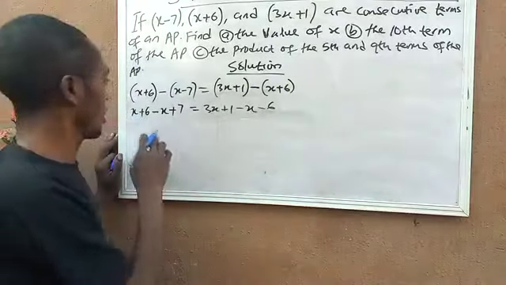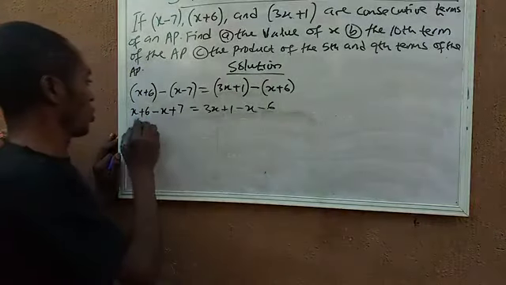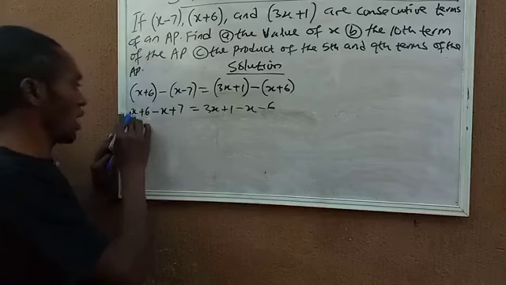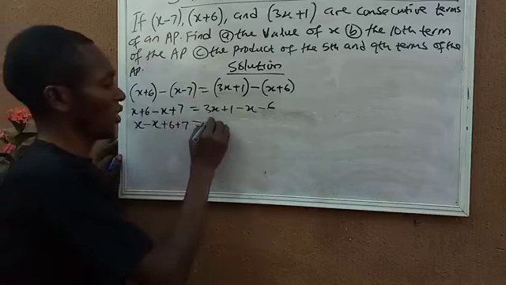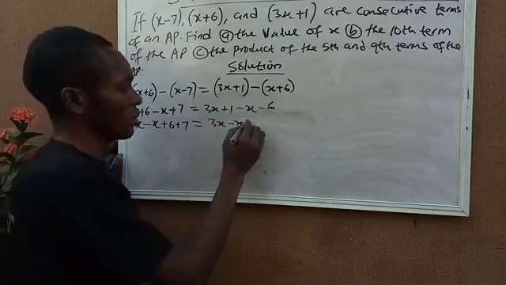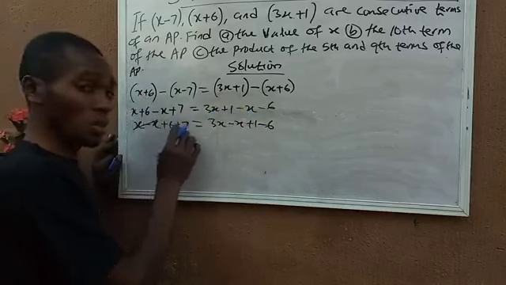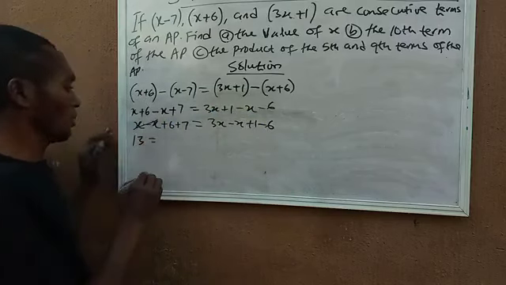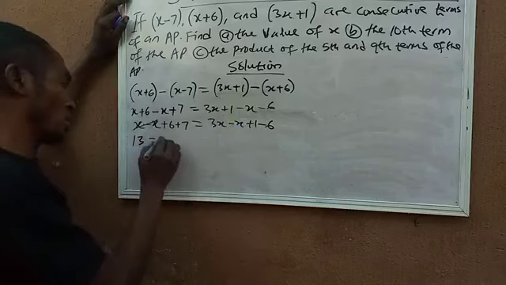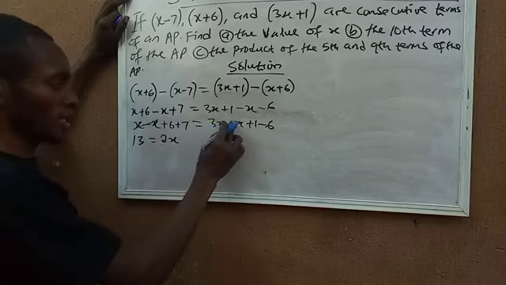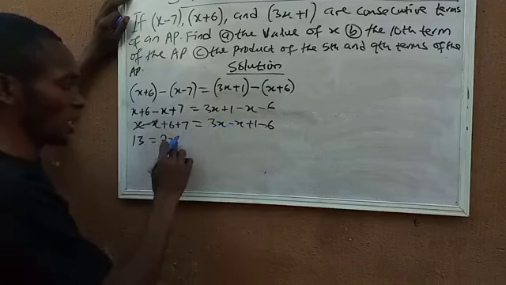Now we arrange the terms here and here. You observe clearly that x and minus x are like terms, plus 6 and plus 7 are like terms. We have 3x minus x, plus 1 minus 6. Now, x minus x gives us 0, plus 6 plus 7 gives us 13, equals 3x minus x is 2x, because 3 is an invisible 1 here, 3 minus 1 is 2, and they all have x, so we attach the x.